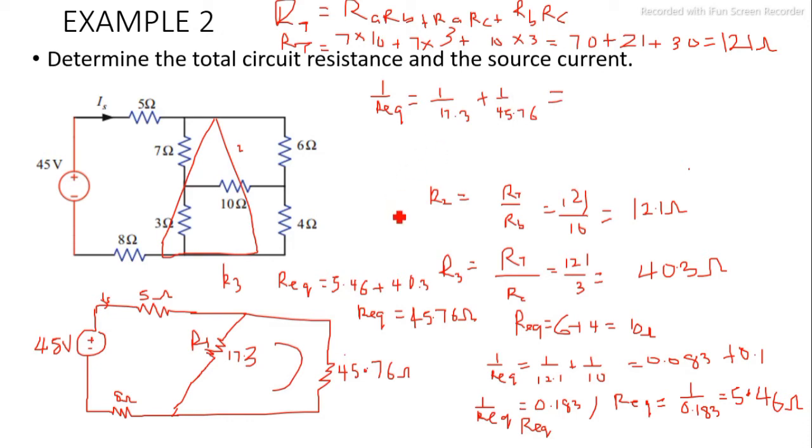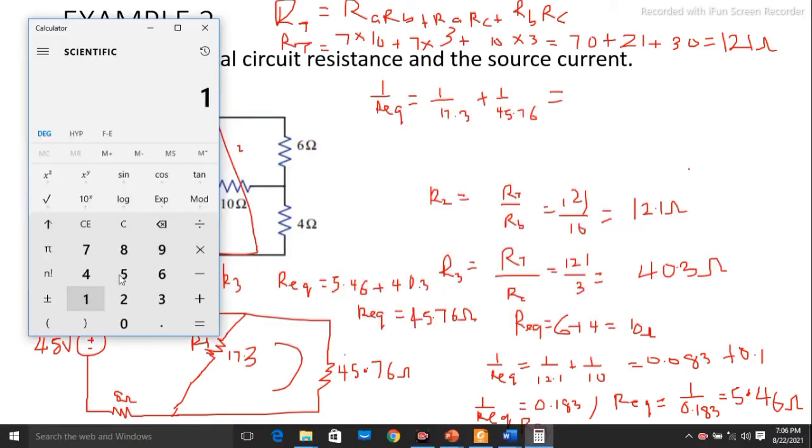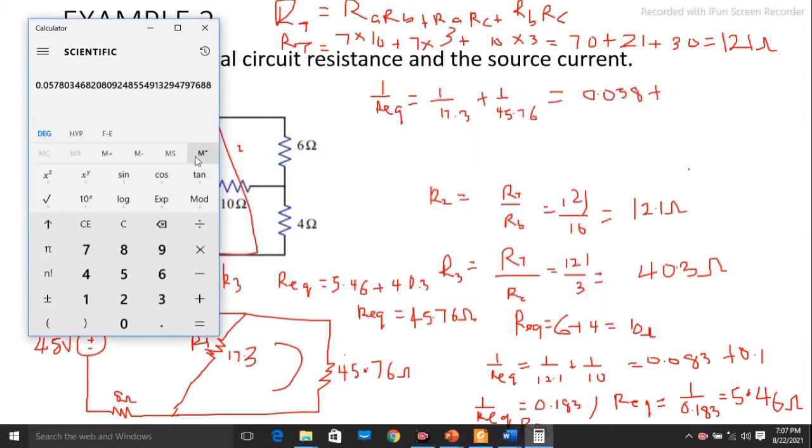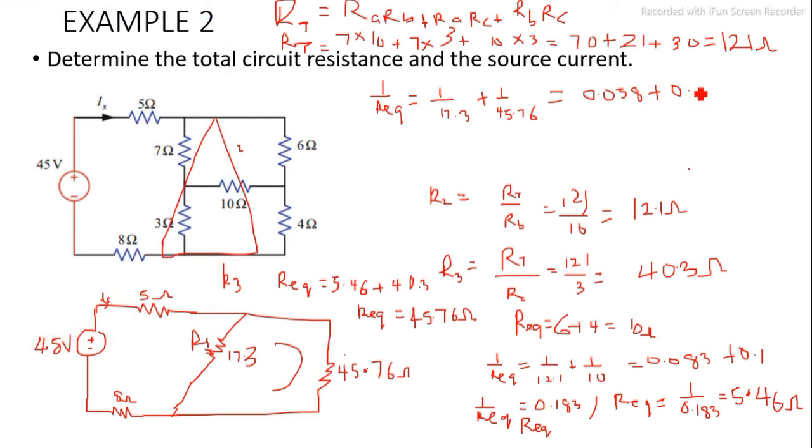1 divided by 17.3, I'm going to have 0.058. Then 1 divided by 45.76, you're going to have 0.022.